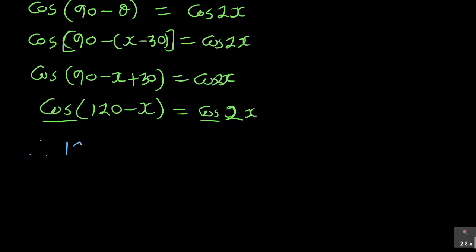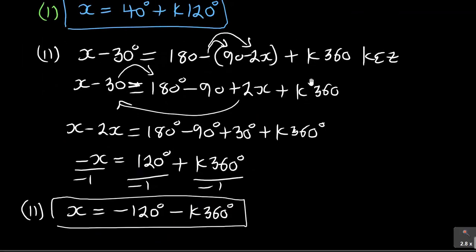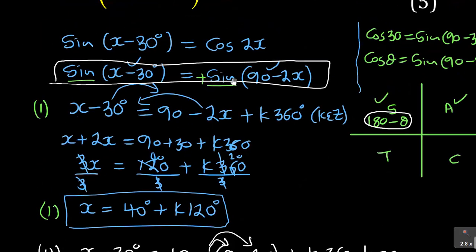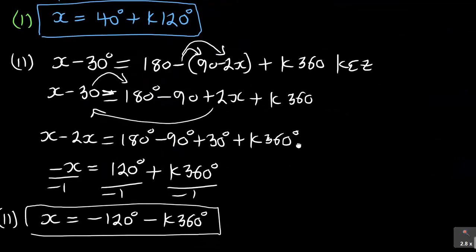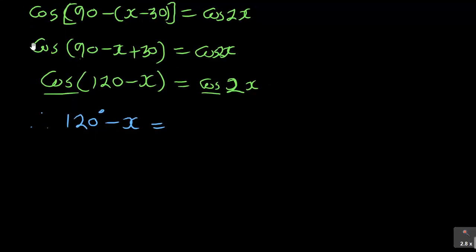Therefore, 120 degrees minus x is equal to, now I'm dealing, let me see here, I think I'm missing out things here. Okay, the other one was sine, so okay, I'm fine. Yes, this is correct, I'm dealing with cos now, because previously I was dealing with sine.